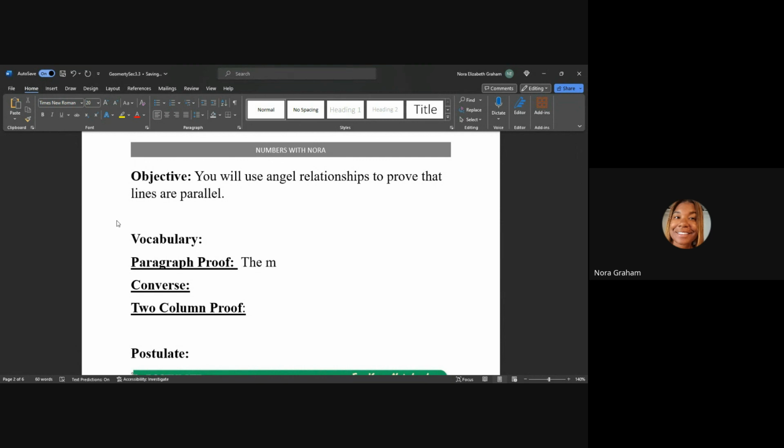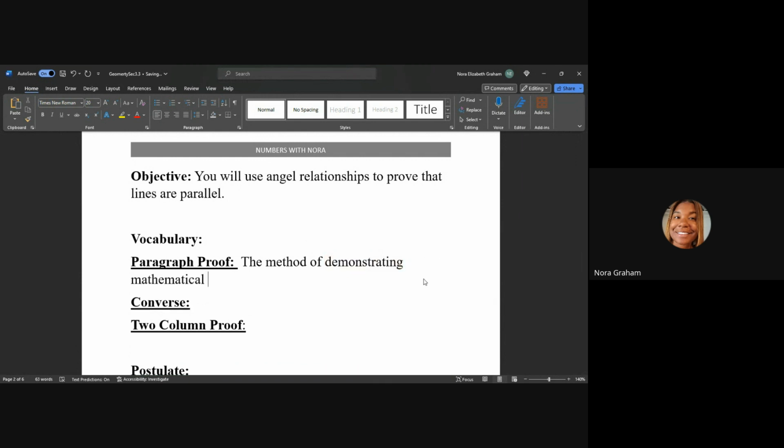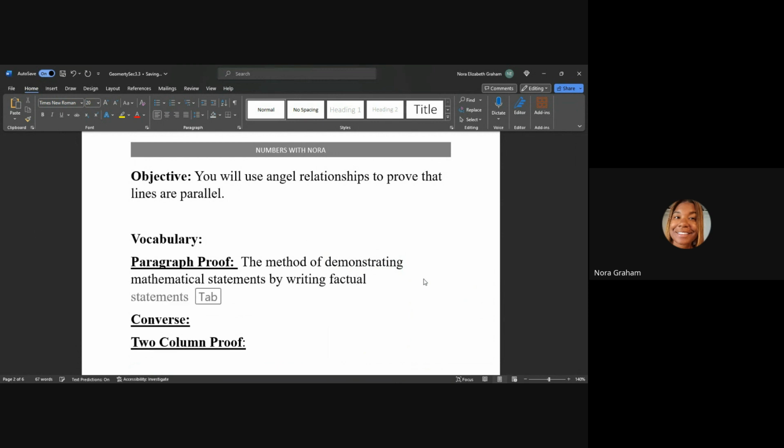The method of demonstrating mathematical statements by writing factual statements in a paragraph.